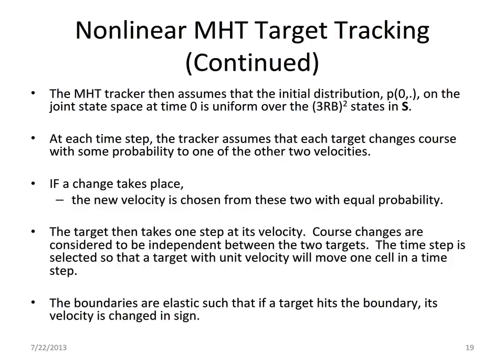The multiple hypothesis tracker assumes that the initial probability distribution on the joint state space at time t equals 0 is uniform over these states in the target state space S. At each time step, the tracker assumes that each target changes course with the probability of one of the other 2 velocities I mentioned.